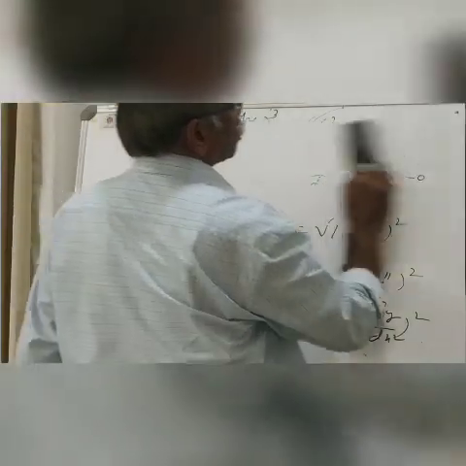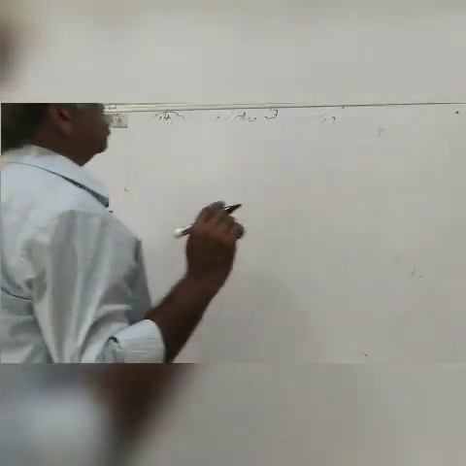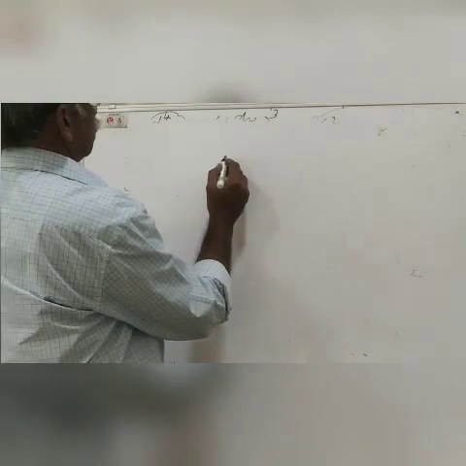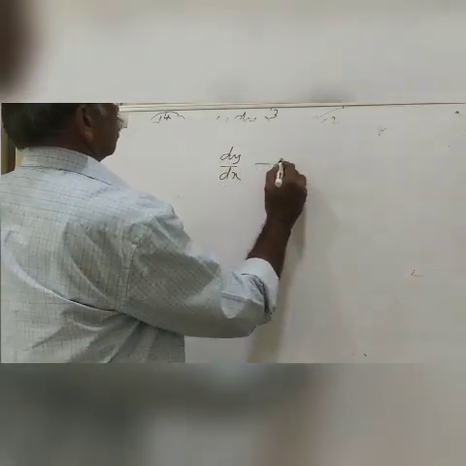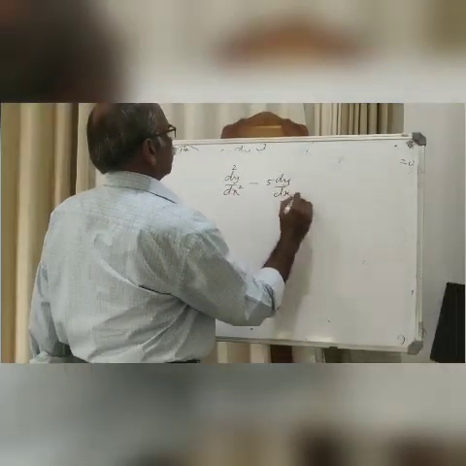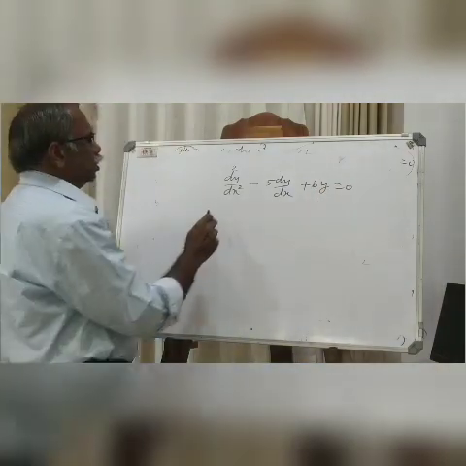Now, we define the solution of a differential equation. What is meant by solution of a differential equation? Consider the differential equation d square y by dx square minus 5 into dy by dx plus 6y equals 0. It is a differential equation.